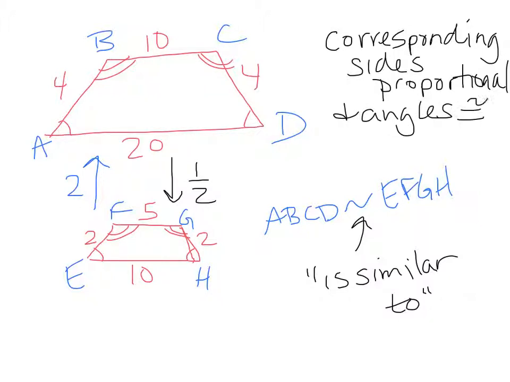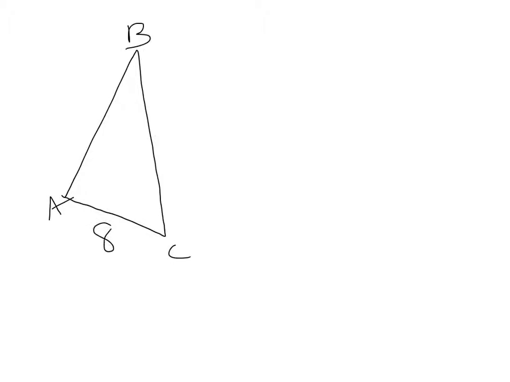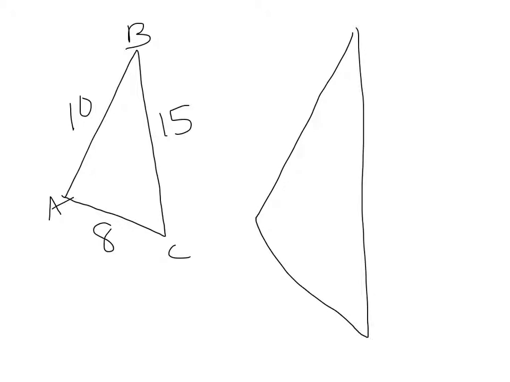One thing on the next screen that I want to show you. If I have some triangle ABC, and I say this side is 8, this is 10, and this is 15, and then I have another bigger triangle, clearly not drawn to scale, but let's pretend. Are the sides proportional?